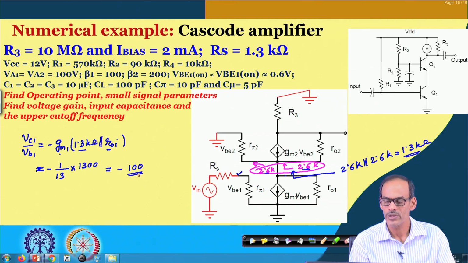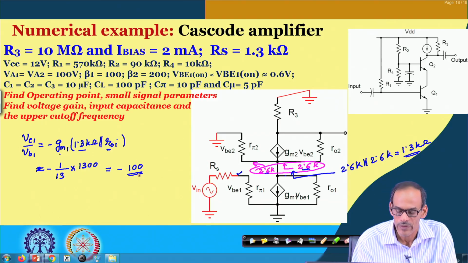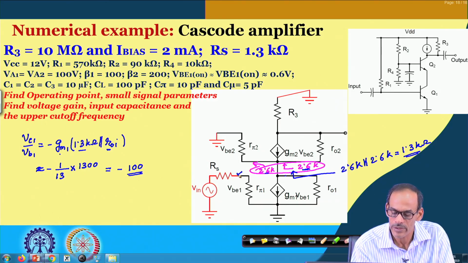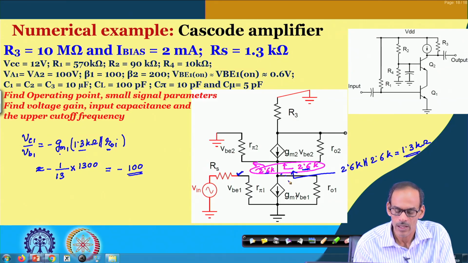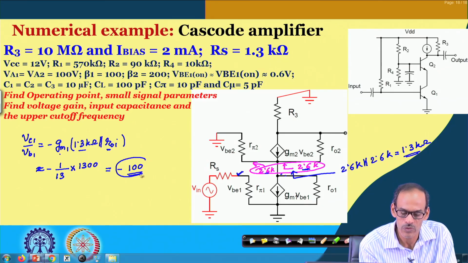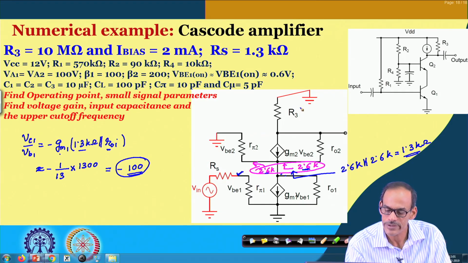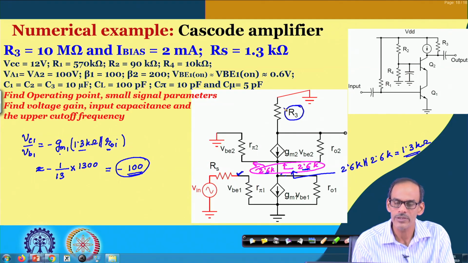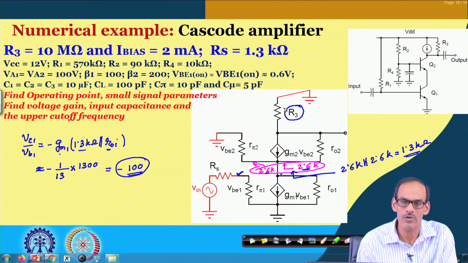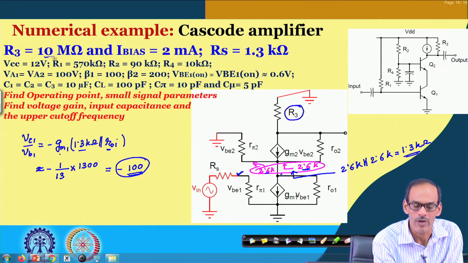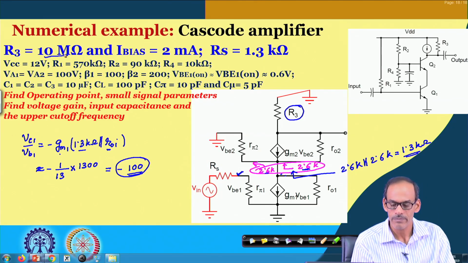So, what is the conclusion here? The gain earlier from here to here was just 1. Now, that gain increased to 100 in magnitude. That is mainly because this R3 increased from 2.8 kilo ohm to 10 mega ohm, right.